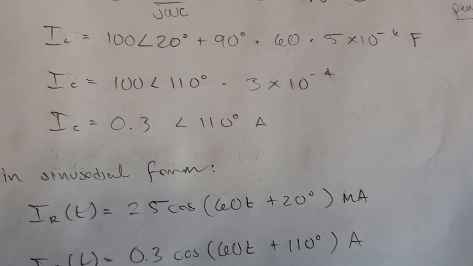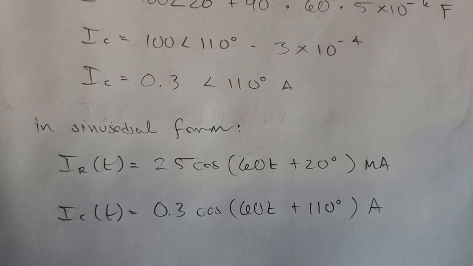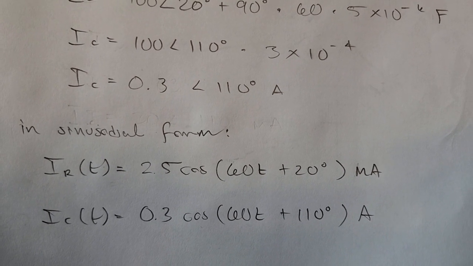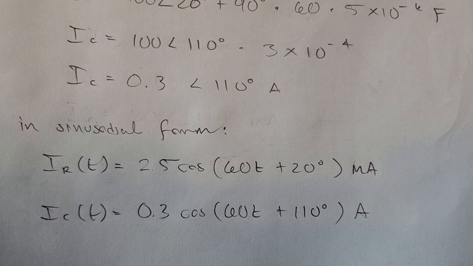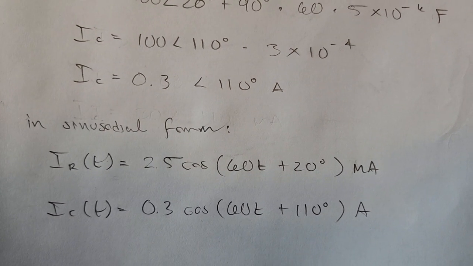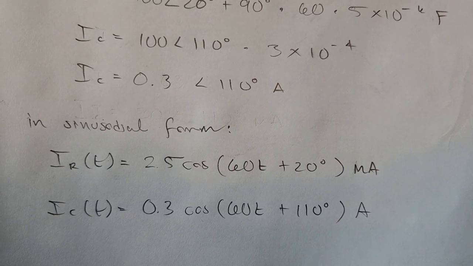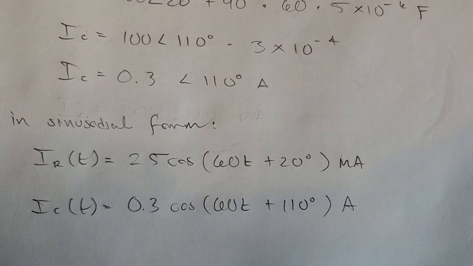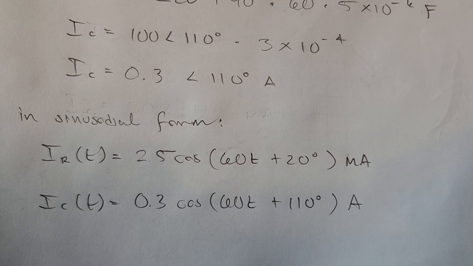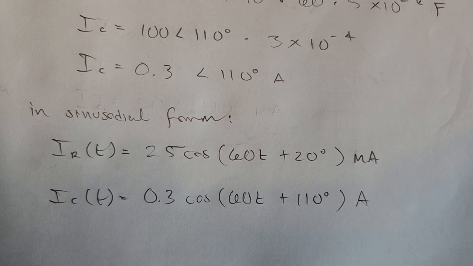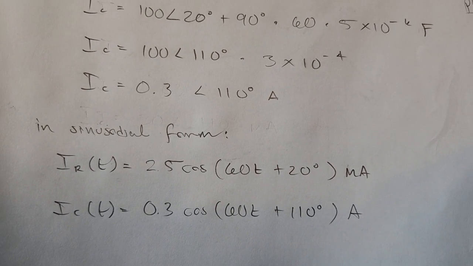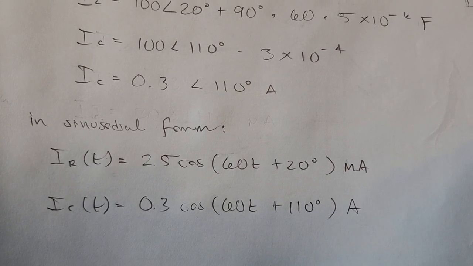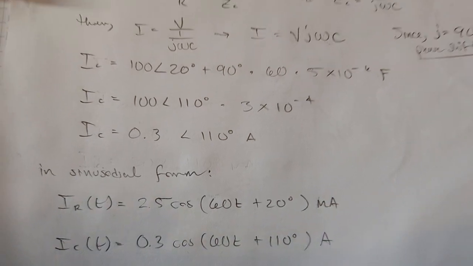And since the frequency did not change, because if the frequency changes we have to recalculate the whole thing, the frequency remains 60 with respect to time, plus 20 degrees milliamps, and the current through the capacitor was 0.3 cosine 60t plus 110 degrees amps. The 110 was the addition of the original 20 degrees plus the imaginary number.